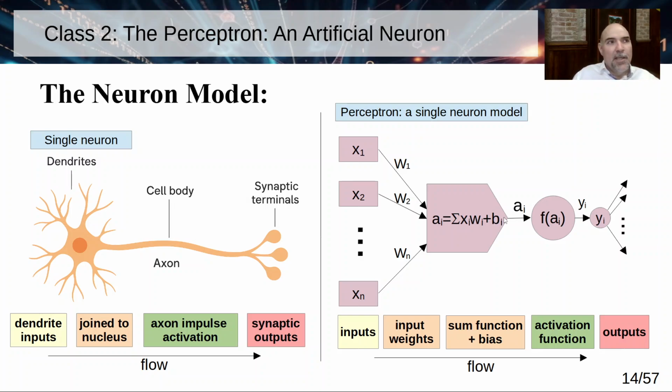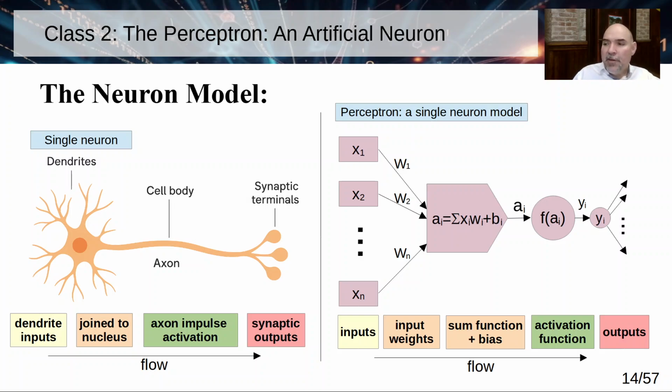You can think of that as, after we've added it all together, we maybe want to shift the whole thing up or down, which can help us achieve the threshold we're looking for for that thing to fire. We don't necessarily want to multiply by the bias because we don't want to magnify it. We just want to have an offset. We're offsetting by the bias.